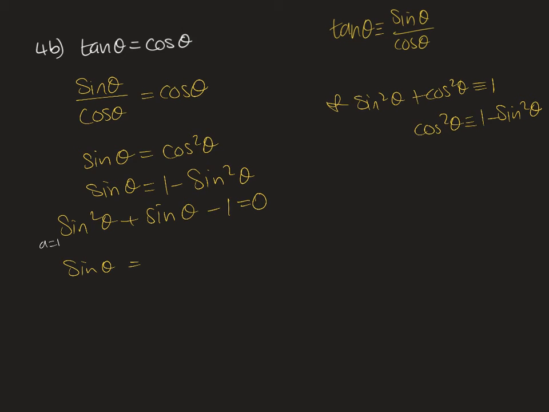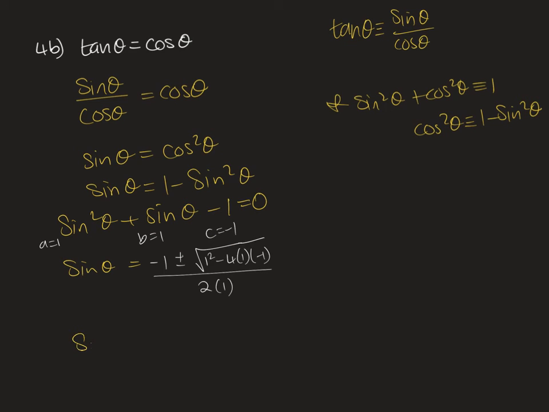Here a is 1 because we've got 1 sine squared theta, b is positive 1 because it's 1 sine theta, and c is negative 1. So substitute those into the quadratic formula. Sine theta is minus b plus or minus the square root of b squared minus 4ac, all divided by 2a.